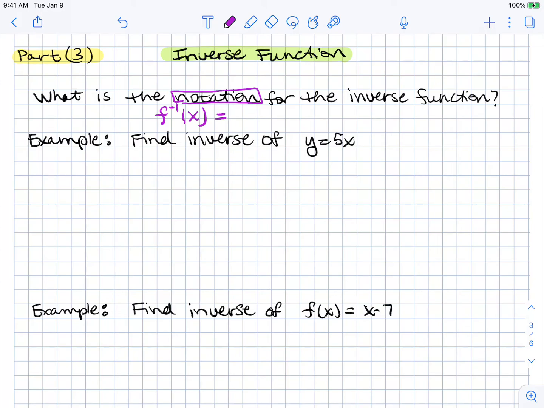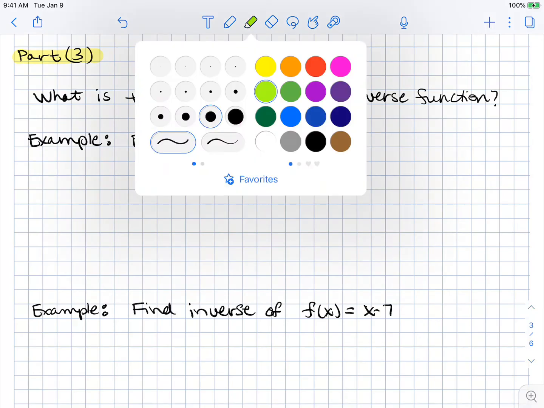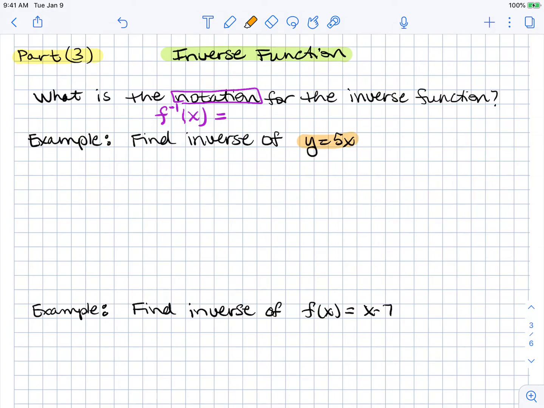So if I'm given some function, this one right here, and I want to find the inverse, what I need to do is switch its x and y. So I'm going to have x equals 5y. And then I'm going to solve for y. I divide by 5 on both sides, and I get x over 5 equals y.